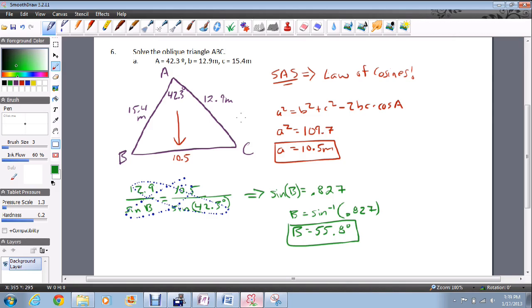So I'm going to take the two angles that we were given, angle A, angle B. I want to add them together, then I'm going to subtract them from 180. If I add 42.3 plus 55.8 and subtract it from 180, we get a remaining angle C is equal to 81.9 degrees.